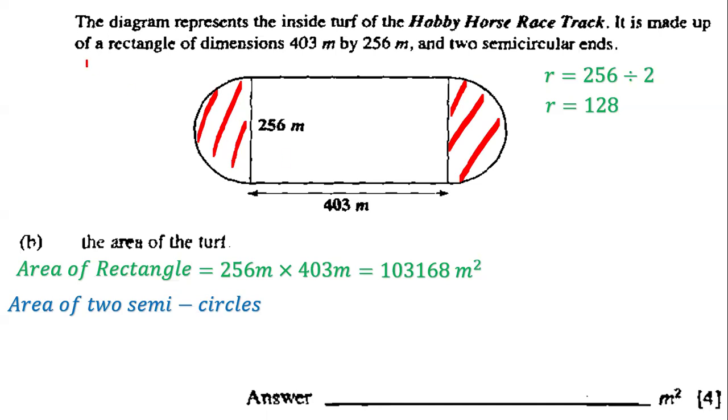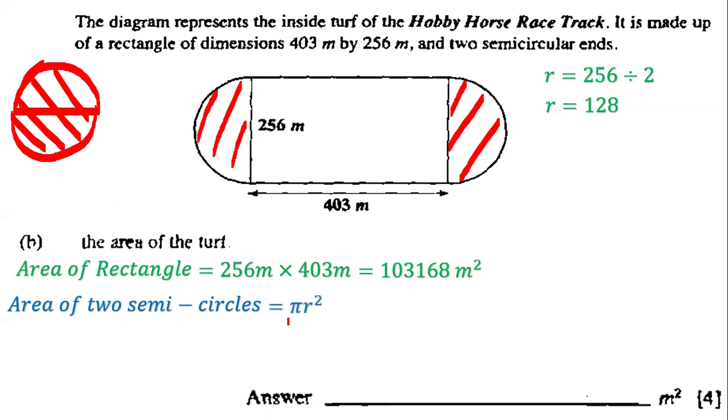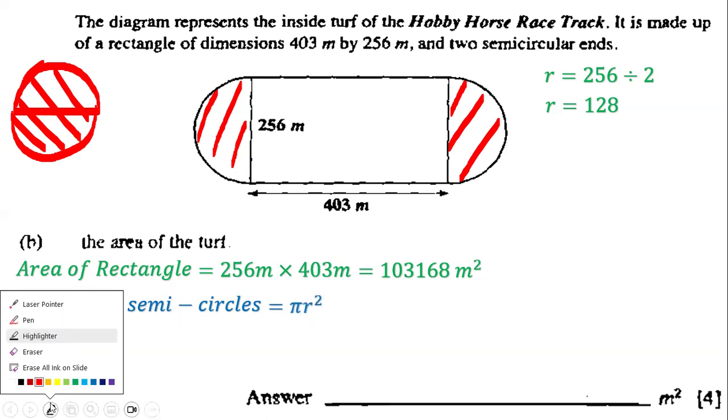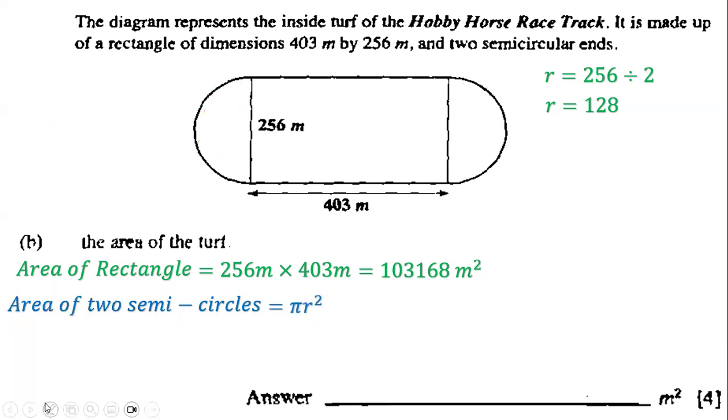So to figure out the area of two semicircles, we just use the area of a circle one time, which is pi r squared.